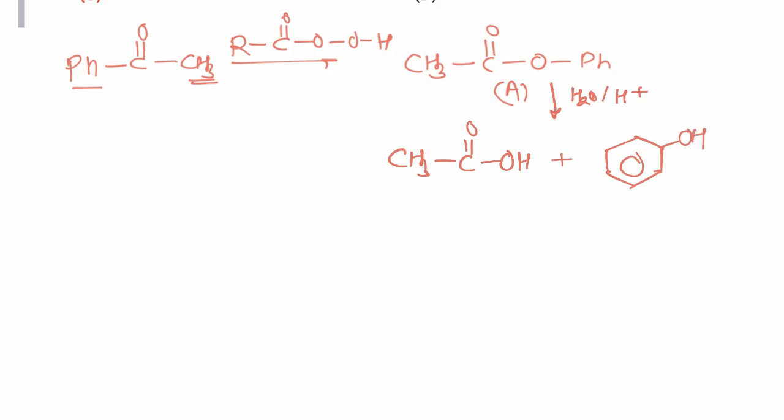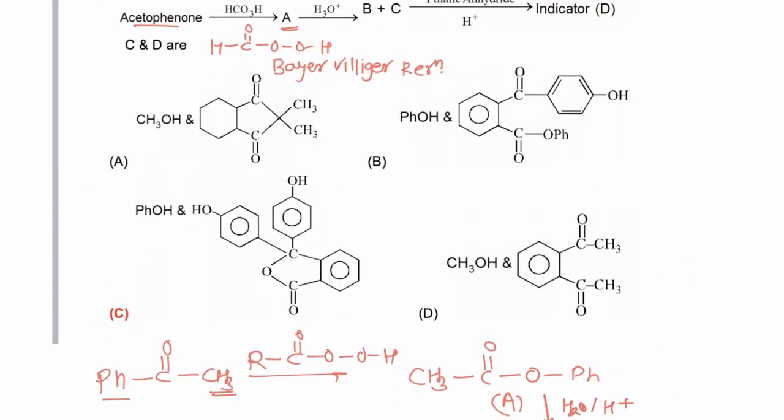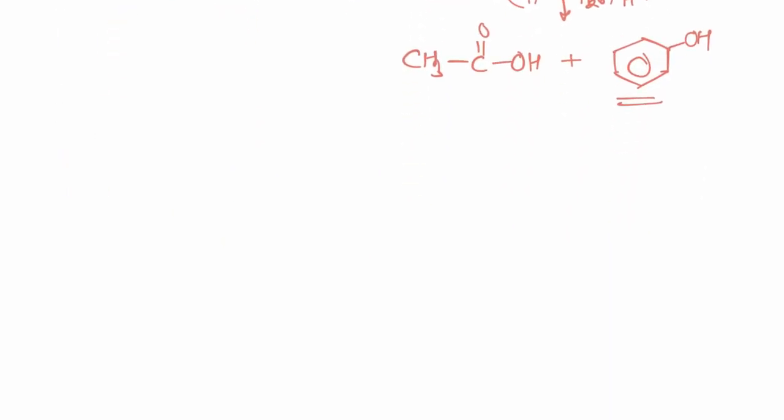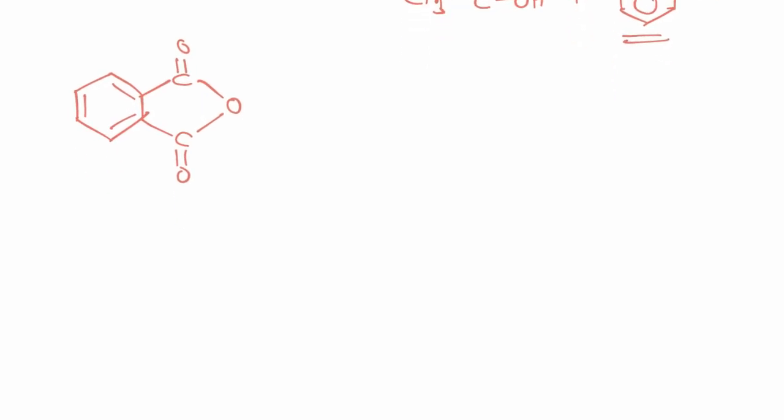Now this phenol, one of the products, is treated with phthalic anhydride to give indicator D. So now when phenol is treated with phthalic anhydride, now phthalic acid, if 2 COOH groups are present at the ortho position of a benzene ring, then this is called phthalic acid, and on heating it will be converted to phthalic anhydride.